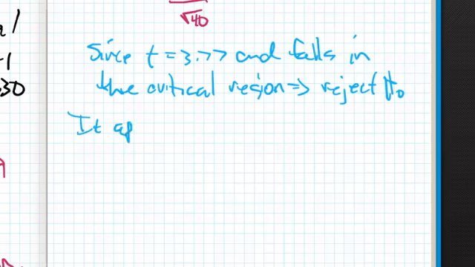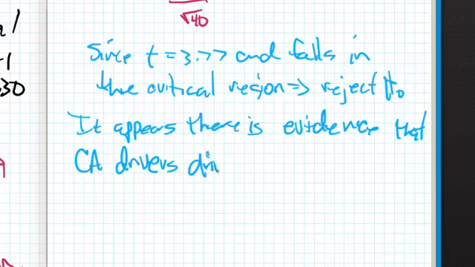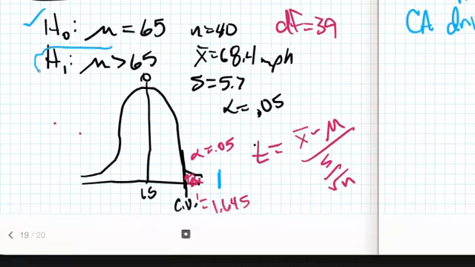It appears there is evidence that California drivers drive faster than 65. Ta-da! Reject the null, which means accept this alternative right here, and we're set.